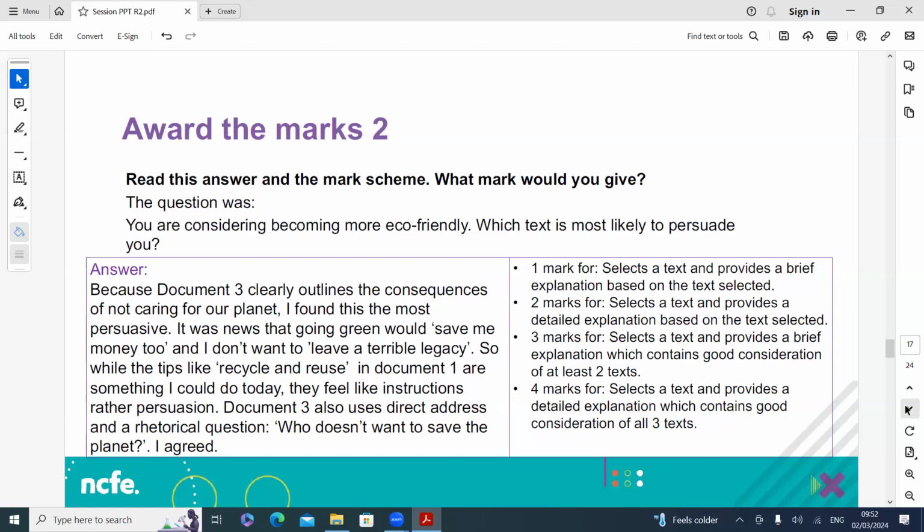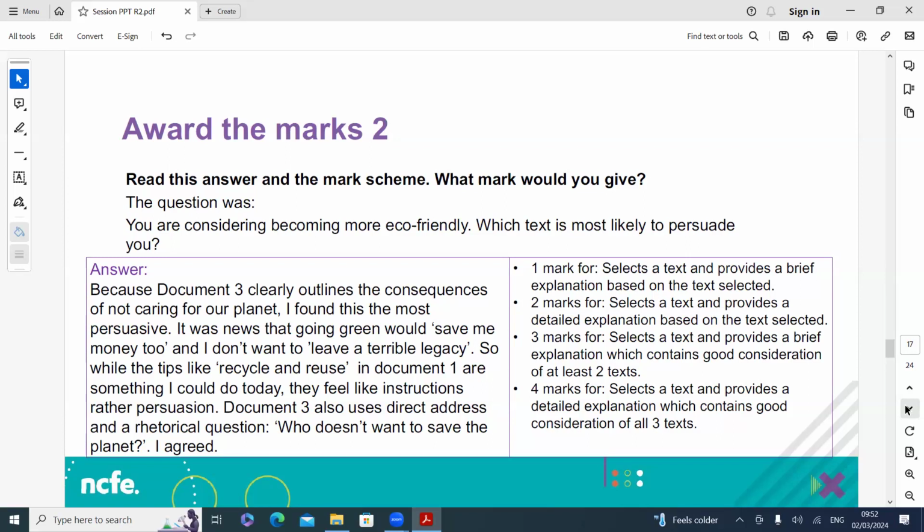So while the tips like recycle and reuse in document 1 are something I could do today, they feel like instructions rather than persuasion. Document 3 also uses direct address and a rhetorical question. Who doesn't want to save the planet? I agreed.